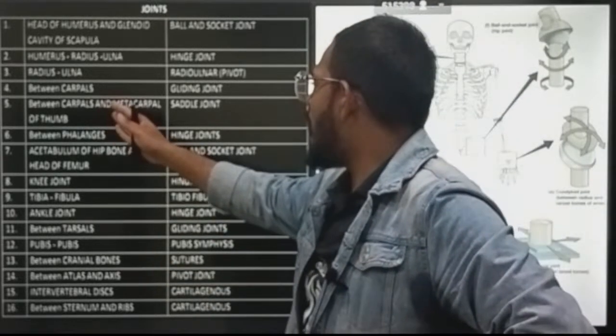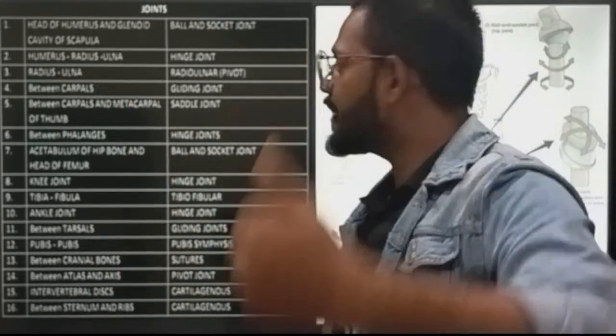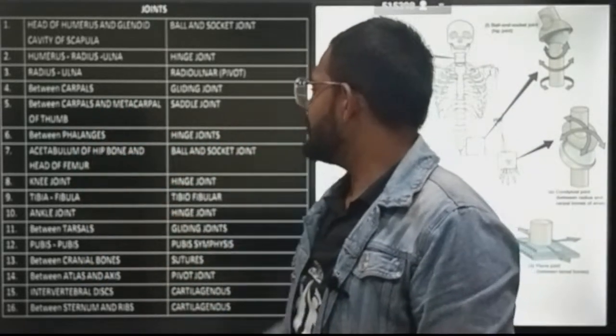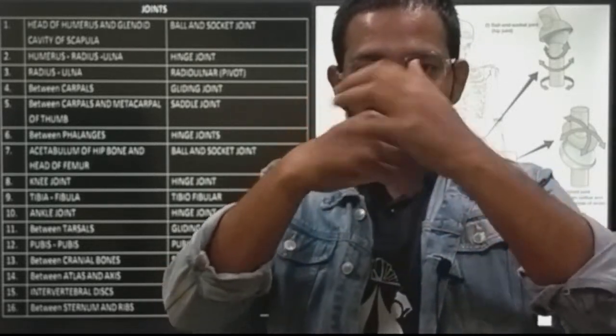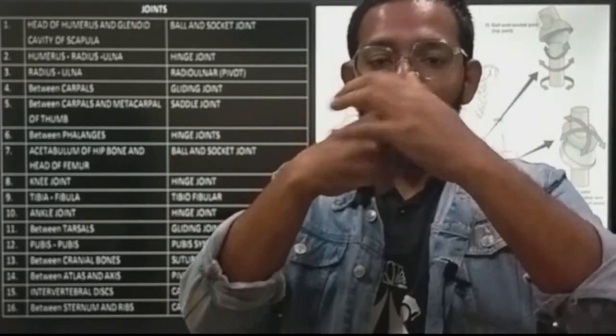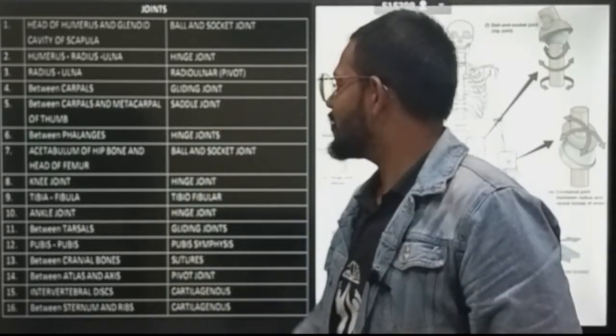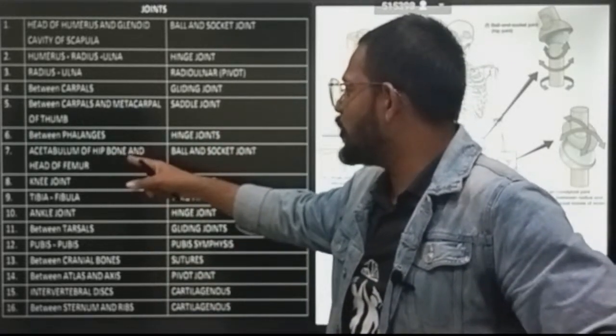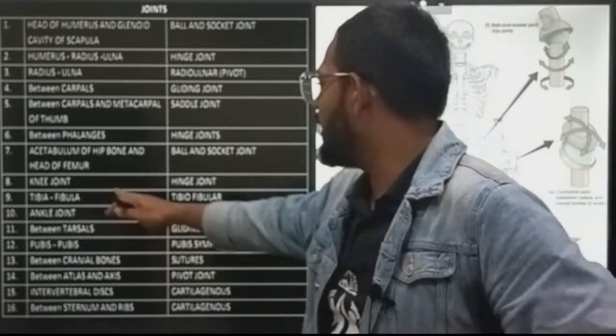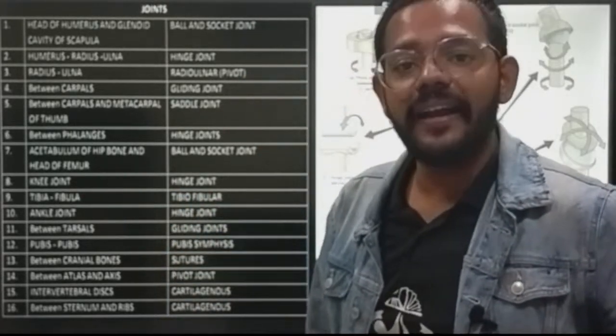Between carpals and metacarpals of thumb is your saddle joint. Between phalanges, hinge joint, the one that makes a cracking sound when you press your hand. Acetabulum of hip bone and head of femur is again a ball and socket joint. Then the knee joint is a type of hinge joint.